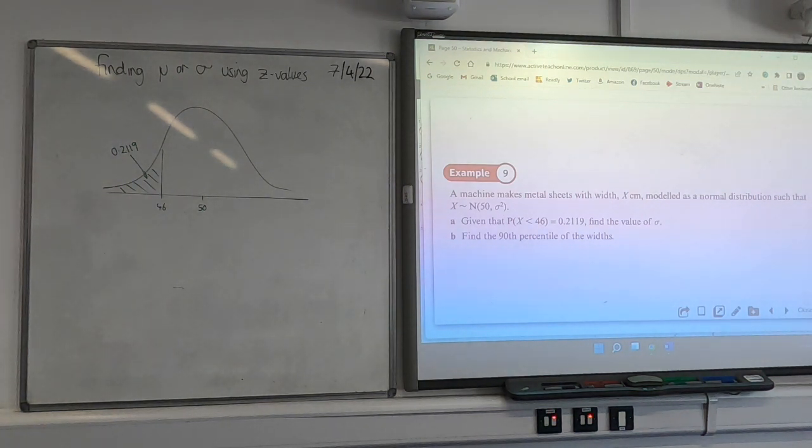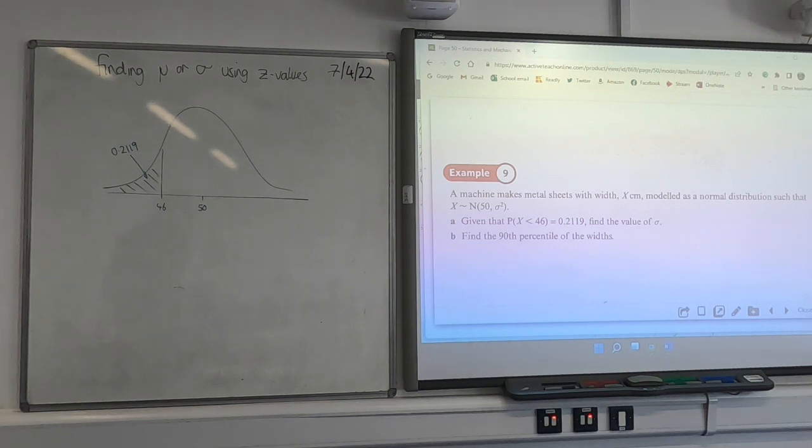So I'm hoping your sketch looks like that. So I'm hoping you're looking in the tables for a probability of 0.2119. And I hope you're frustrated because it isn't there.